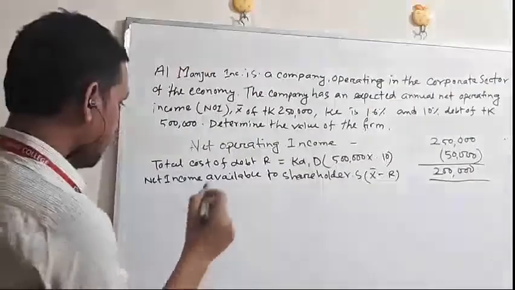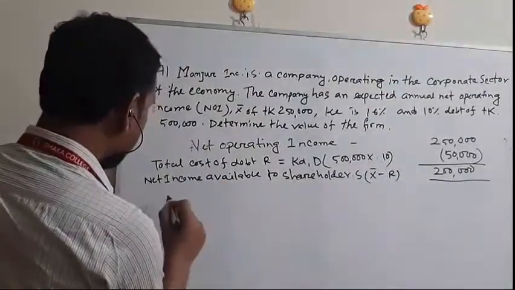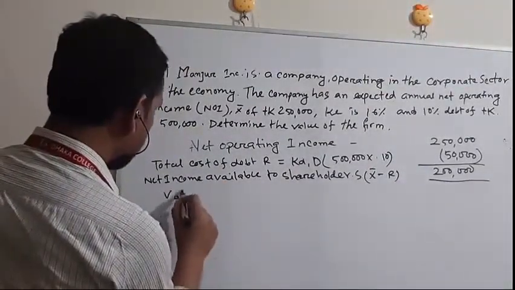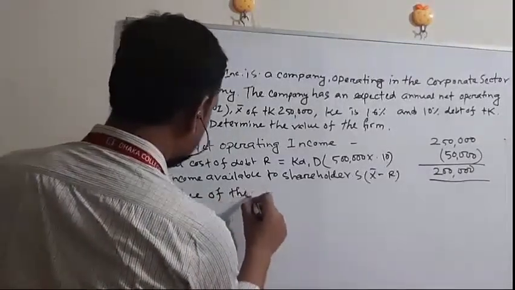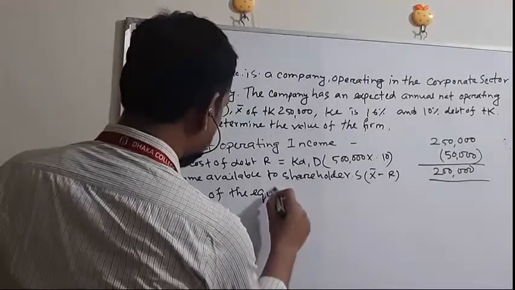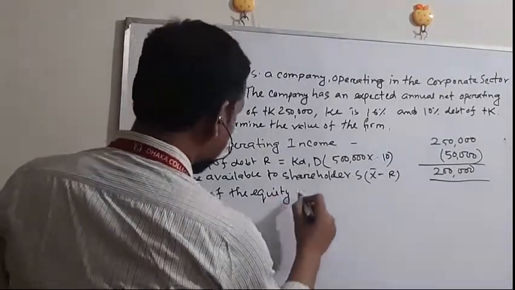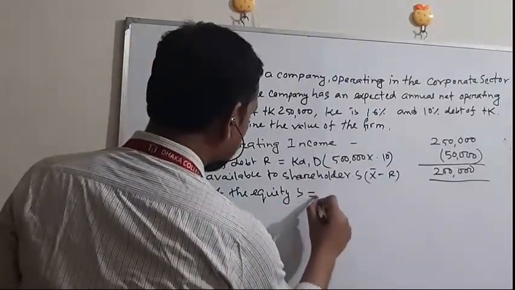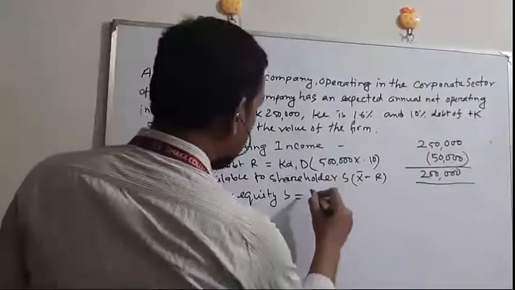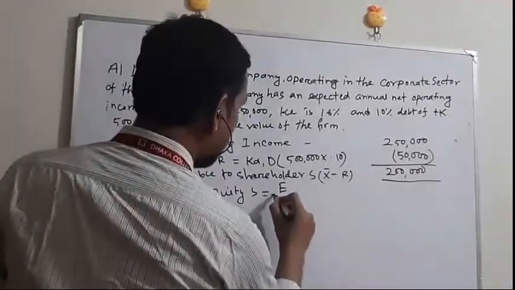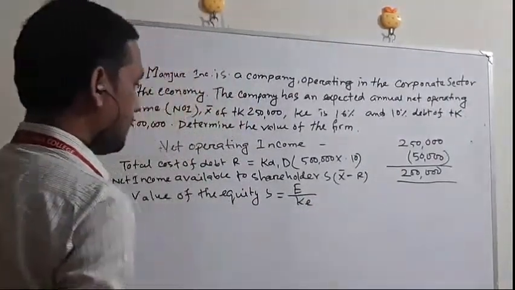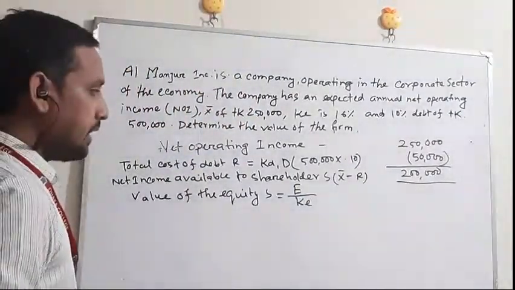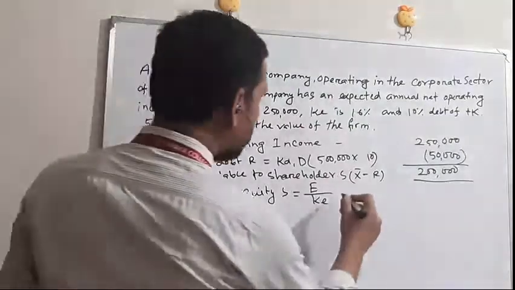Then we bring out the value of the equity: S equals earning divided by KE, the equity capitalization rate.